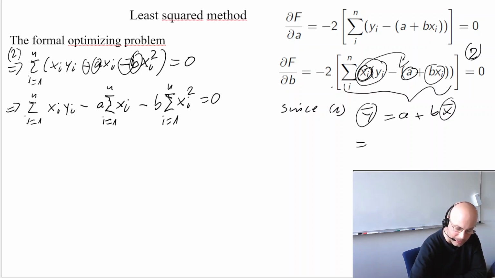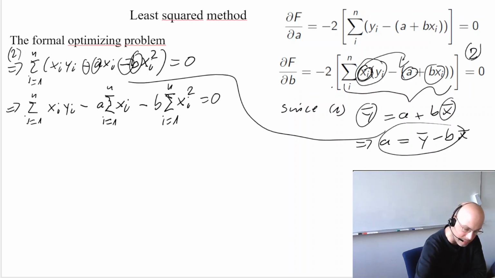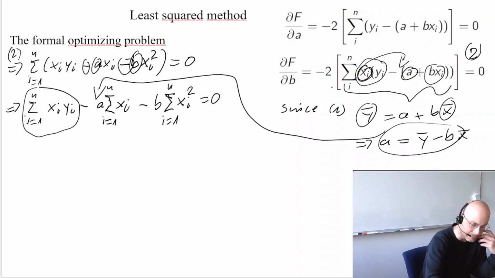And therefore, we obtain a equals y bar minus b x bar. And this we just can put in here. Because what do we also have? This is a known number. This is a known number. And this is a known number.